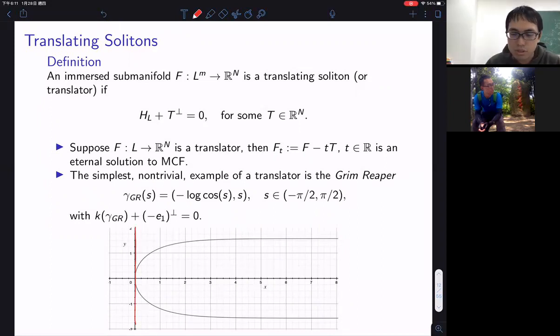The graph function is minus log cosine. So this is a translator with translating direction to the right. Okay, so we will see this curve again later.